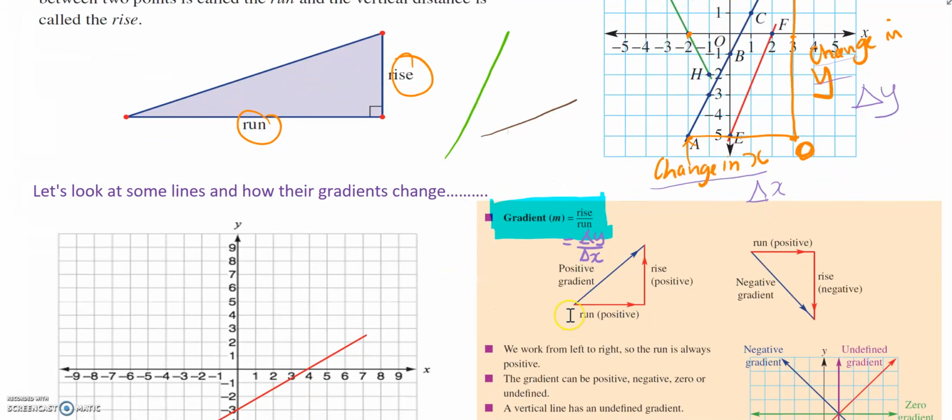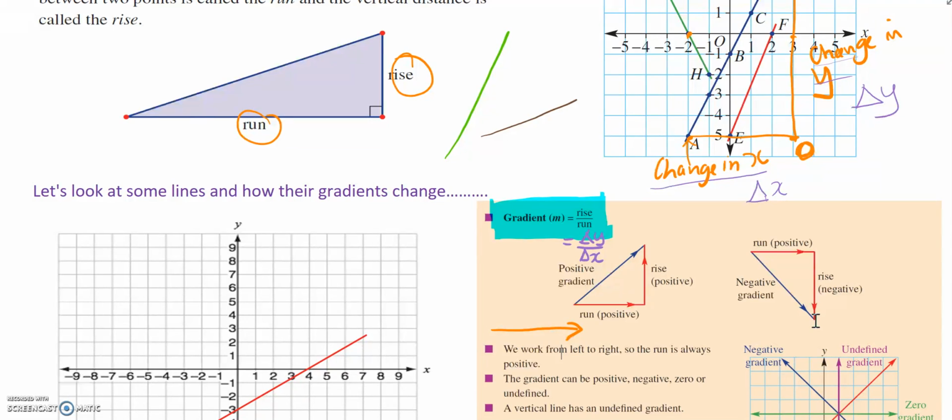The trick is, if you travel from left to right, for the first line, going right and up, right is positive, up is positive. For the second line, we're going from left to right, so we're going to the right, positive, but we're going down, which is negative.